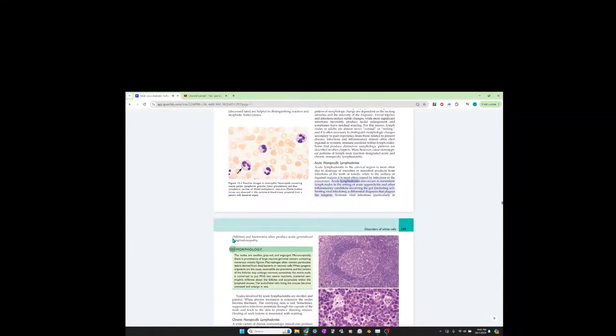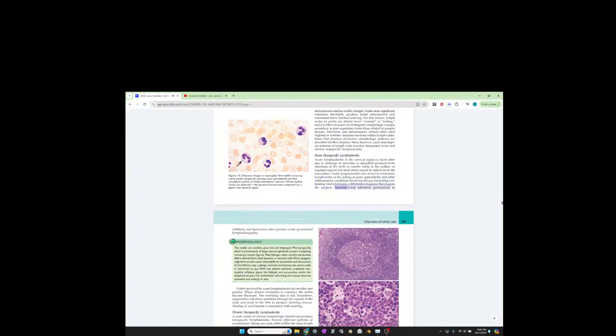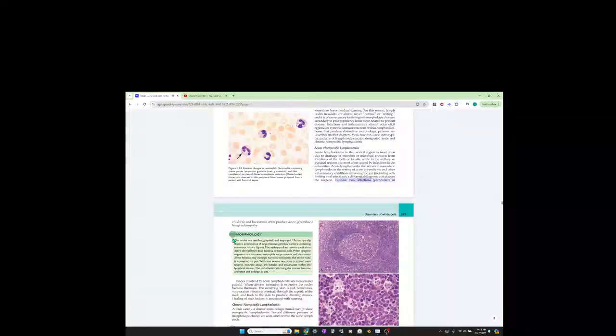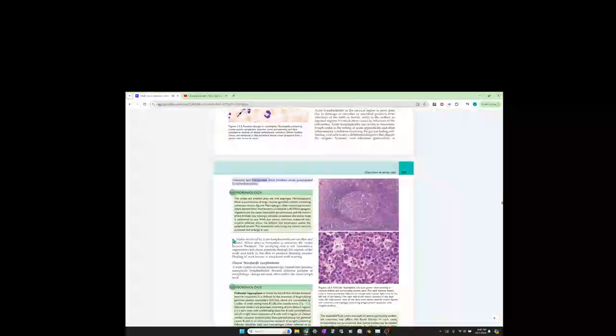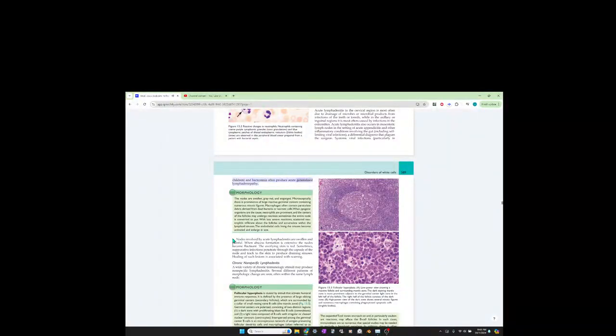Acute lymphadenitis also occurs in mesenteric lymph nodes in the setting of acute appendicitis and other inflammatory conditions involving the gut, a differential diagnosis that plagues the surgeon. Systemic viral infections, particularly in children, and bacteremia often produce acute generalized lymphadenopathy.